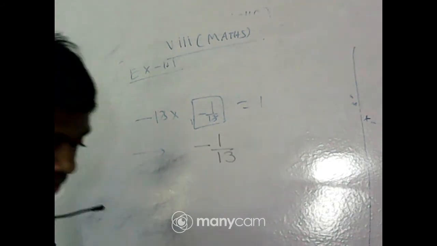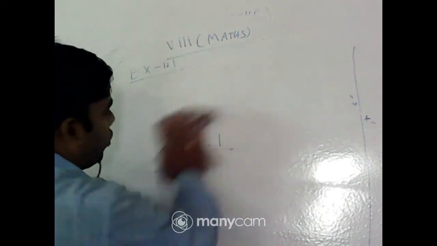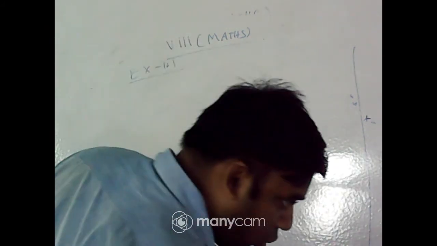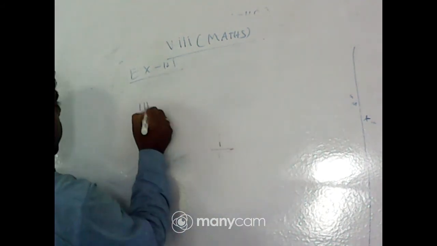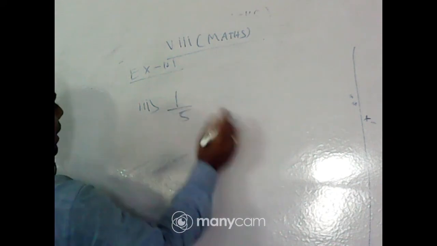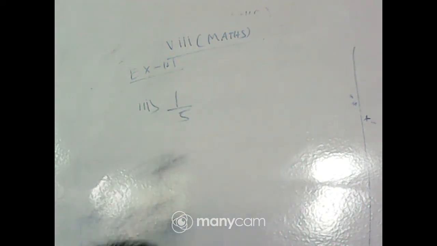Okay, next question. Question number 2, part 2, solve at your home. I am asking you question number 3. What is the multiplicative inverse of 1 by 5? Quickly answer it. Tirthankar, very good, beta. Tawfiq Hossain, very good.